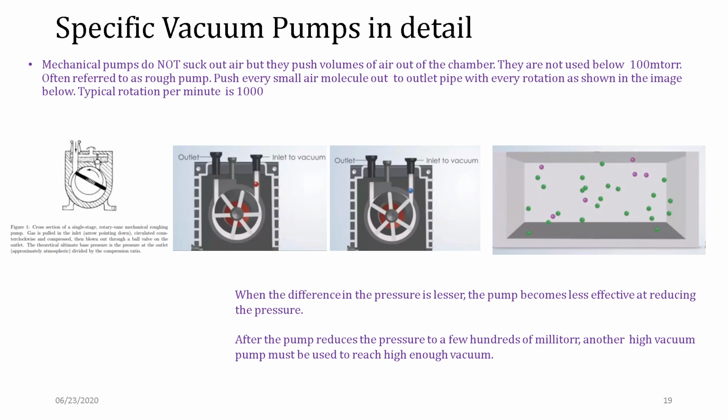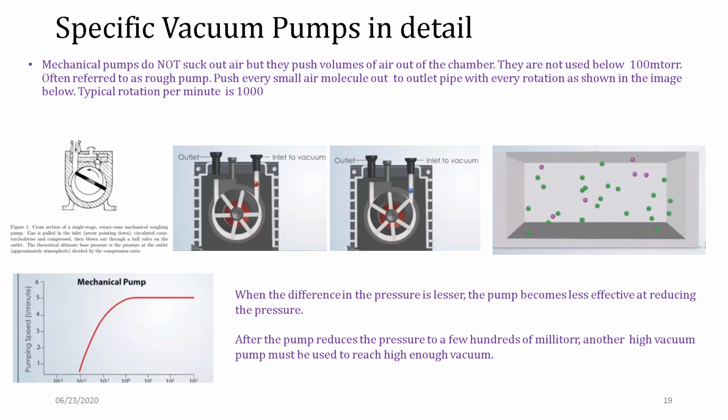Among the specific pumps, you have mechanical pumps, which do not actually suck out air, but push volumes of air out. If a small particle enters here, it just goes out as the blades push it out of the chamber. These pumps cannot be used below 100 millitorr.